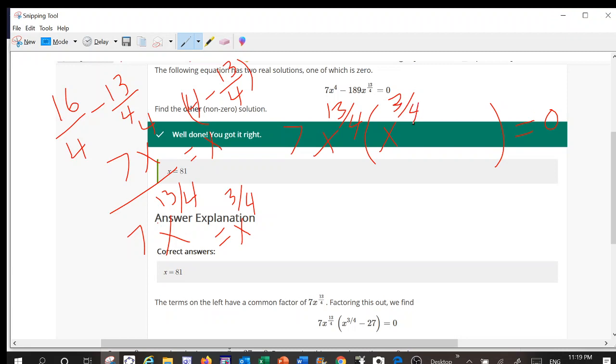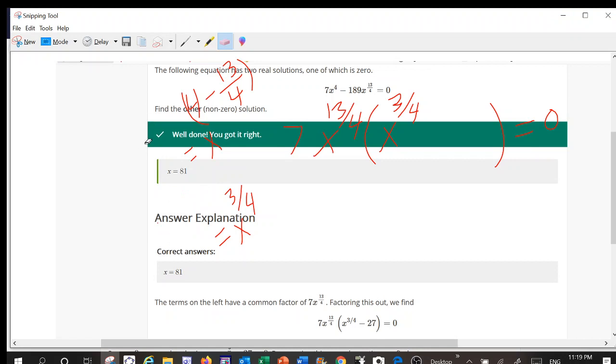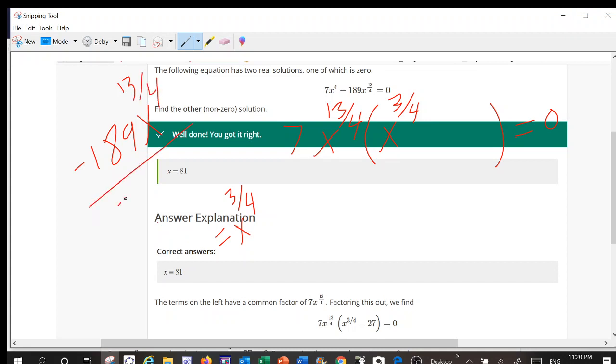And then what is minus? So let me erase this so we can do the second part. So what is negative 189 x to 13 over 4 divided by 7x to 13 over 4?